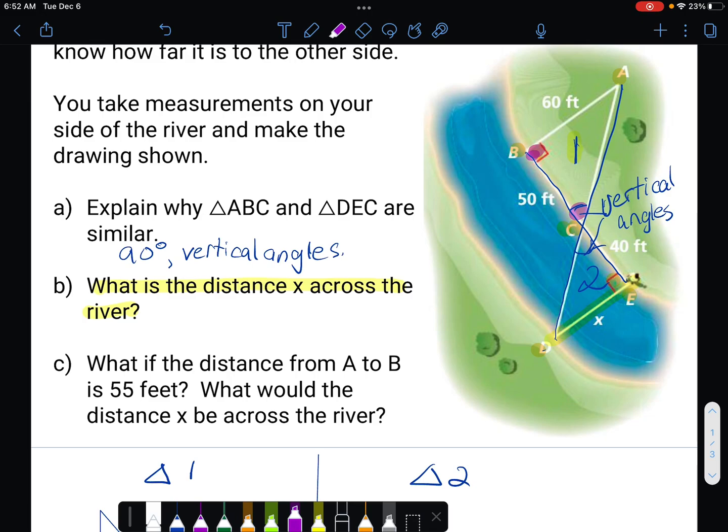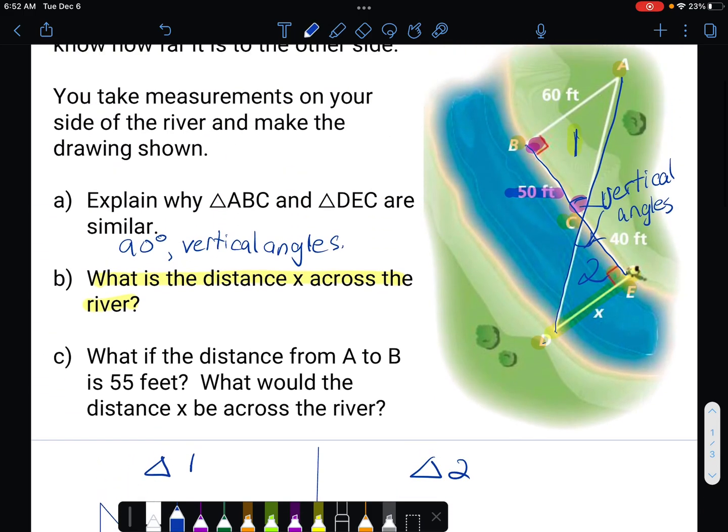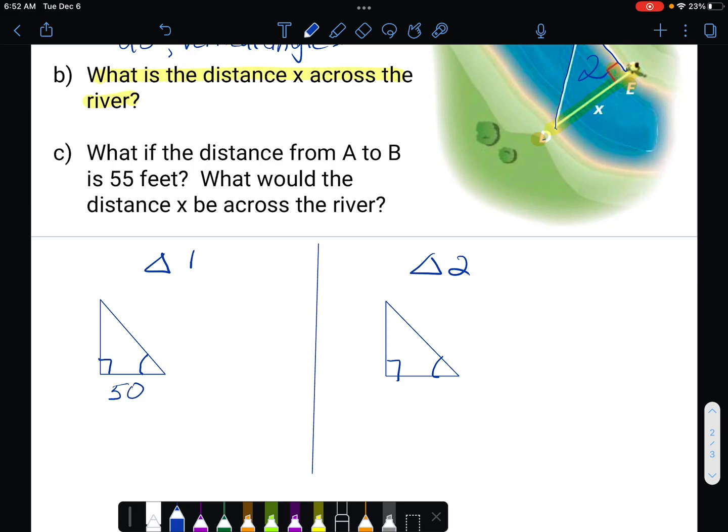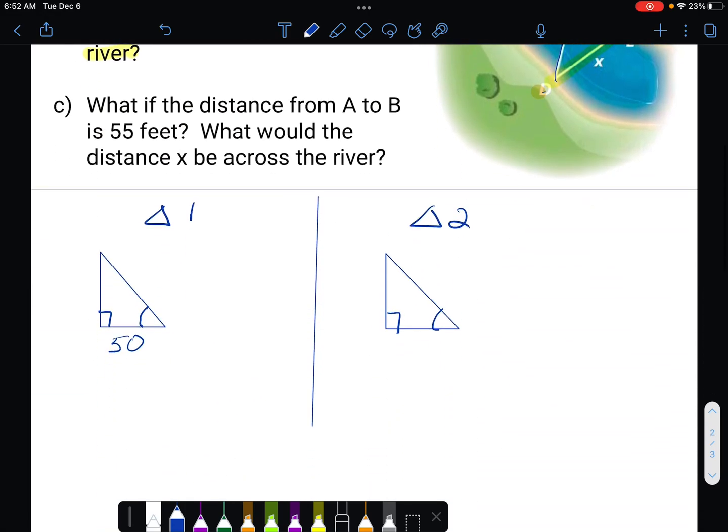So therefore, my 50 foot goes in between the 90 degrees and the vertical angle. So I'm going to write 50 feet down here. And then I notice that the 60 foot is on another leg off of that 90. So I know I can put 60 over here.